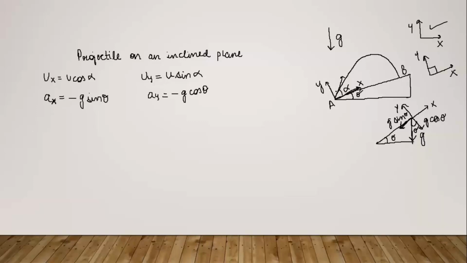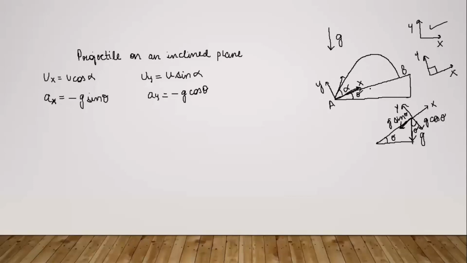We also know here that this point from point A to B is the horizontal range for the particle. What is horizontal range that we discussed in the previous lecture? It was just the x coordinate of the particle when the particle reaches the ground, so basically when it crosses the y-axis. So here we have rotated frames.